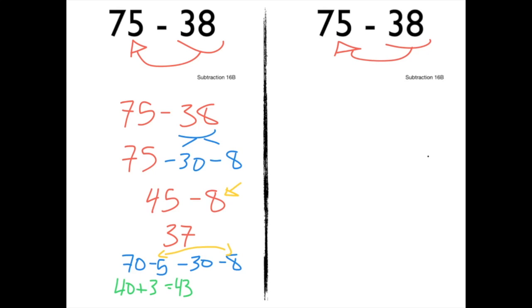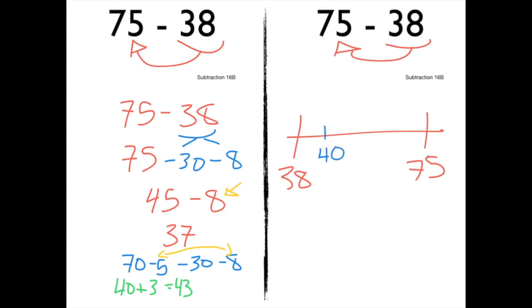This is really, really common. And the best way to avoid this, in my experience, is to either really push to partition only the second number, since their skills with addition and subtraction should be strong enough to do that, or to just use the second strategy. So if we look at it on the number line, the difference between 38 and 75, again, we're going to benchmark a nice number.